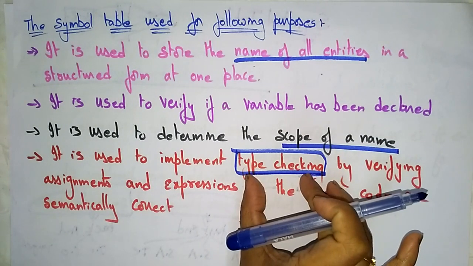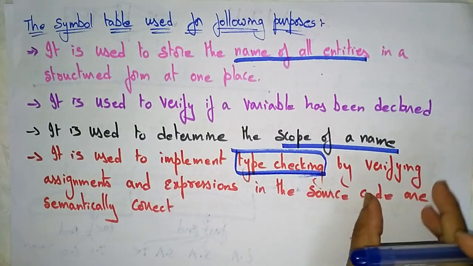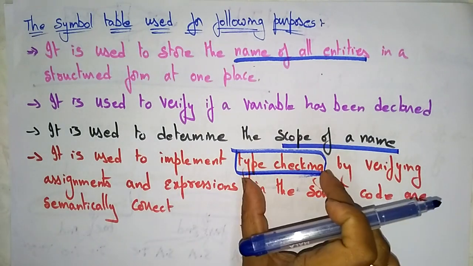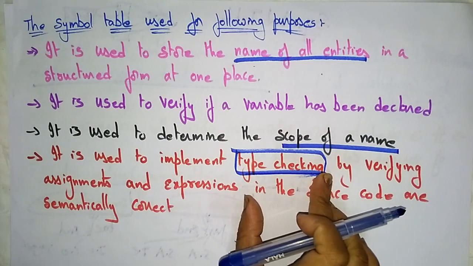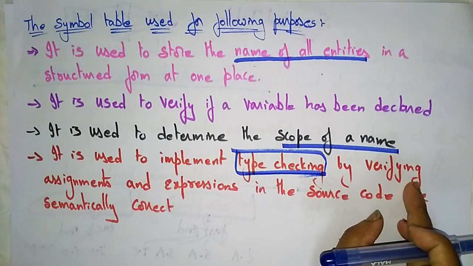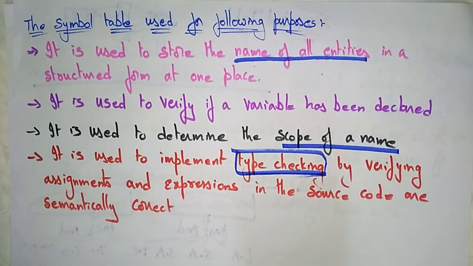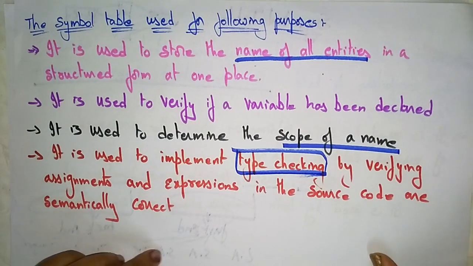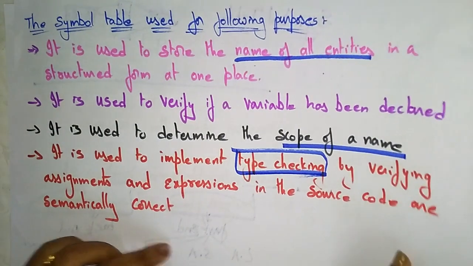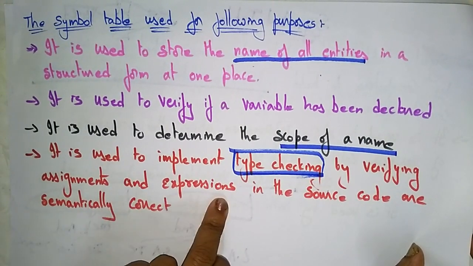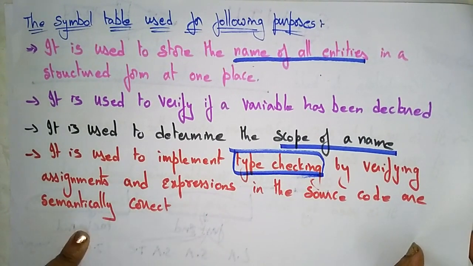Why is it helpful for type checking? Because it stores the assignment operations and expressions of the source code in the symbol table. While the type checking module is performing the operation, it verifies whether the assignments and expressions in the source code are semantically correct or not.